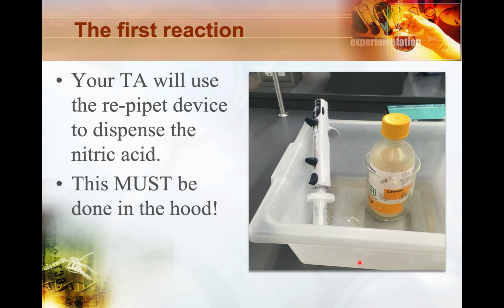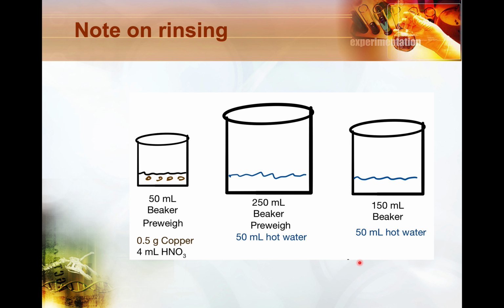Next, after that, you're going to wait for that to finish, and there's some description in the lab manual that I wanted to help describe. So after you react your copper with nitric acid, you're going to also start heating up 50 milliliters of water in two different vessels. One in a 250 mL beaker, another in a 150 mL beaker.